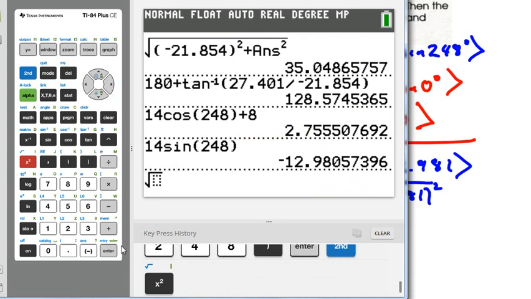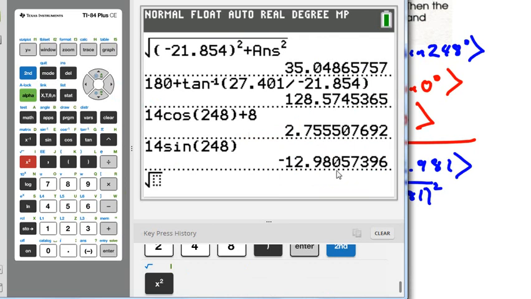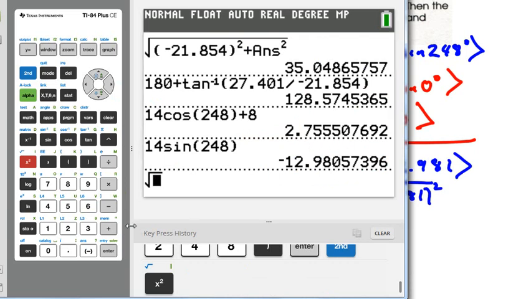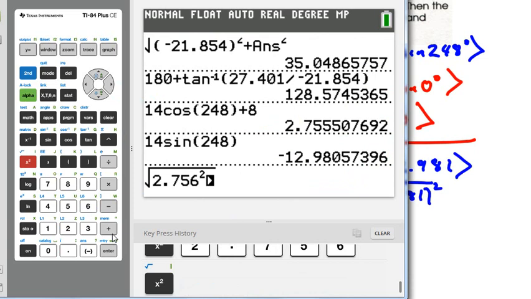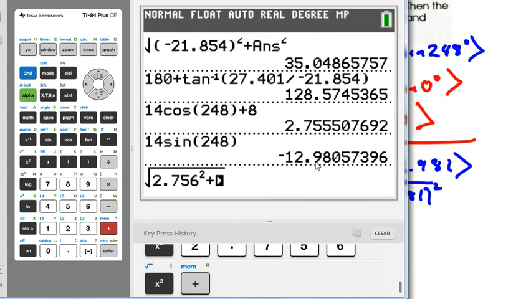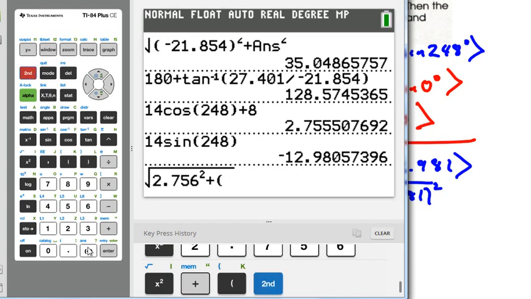Okay, we get this. We'll put down 2.756. That's positive, so I don't need parentheses for that. And we have plus, and again, this is going to be positive, so I'm just not going to put the negative sign there. Well, I guess I will, because I'm just going to paste it. I'm going to do second ANS.